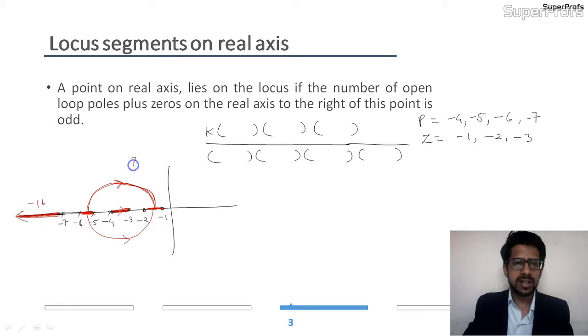But why a circle? This circle can be explained by the rule where we describe the angle condition.